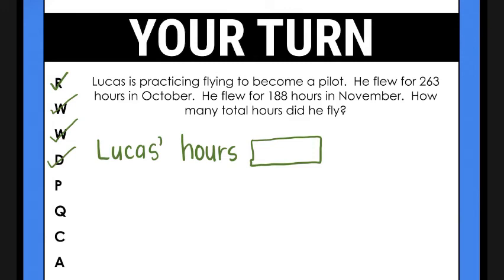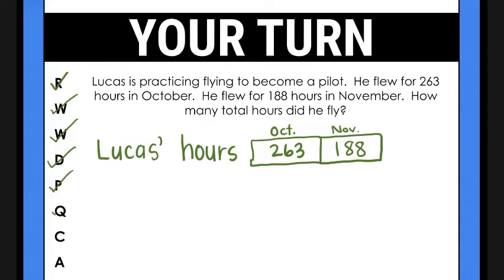No information there. He flew for 263 hours in October. That's important, so I'm going to put the 263, and I might label this as October. He flew for 188 hours in November. Ooh, is that part of my October? Nope. So I'm going to add on more to the unit bar. I'm going to add on the 188, and I'm going to label this as November.